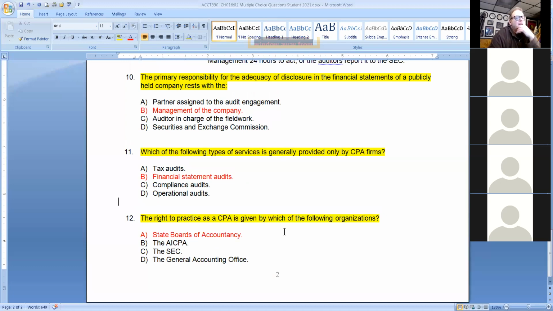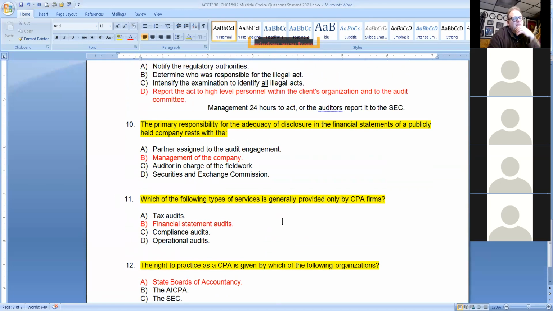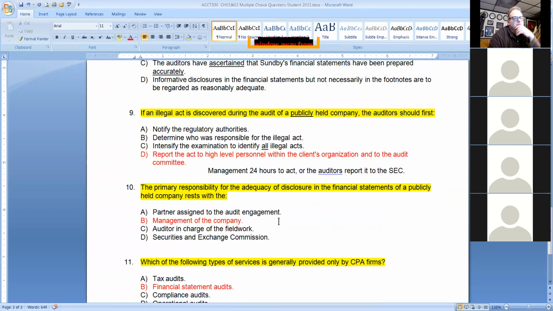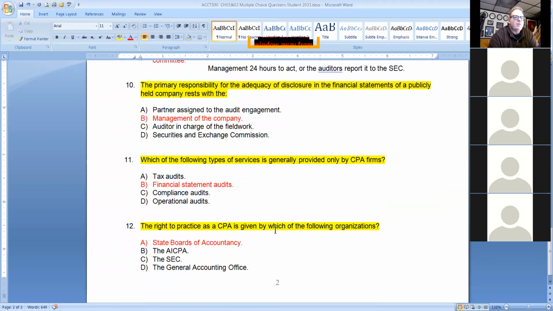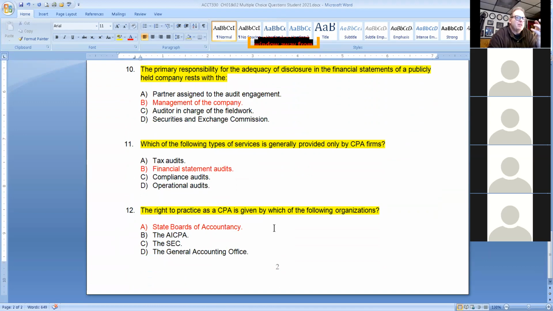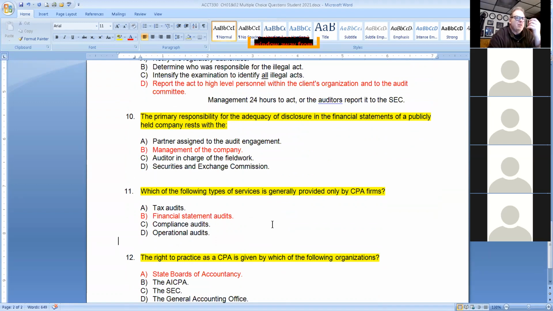Okay. Yeah, so going through these is, I would say, somewhat typical. And by the way, when you're taking your review for the CPA exam, you'll get used to reading these, and you'll get used to keywords that either kick out an answer or whatever.